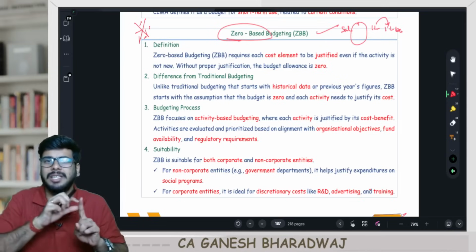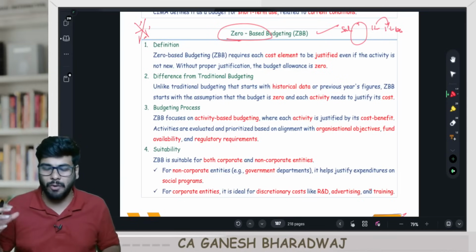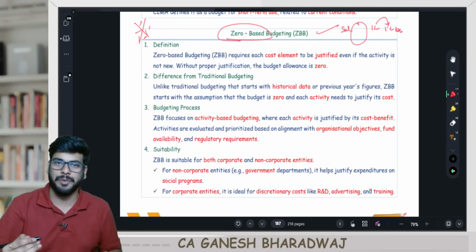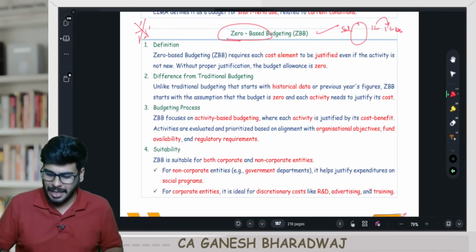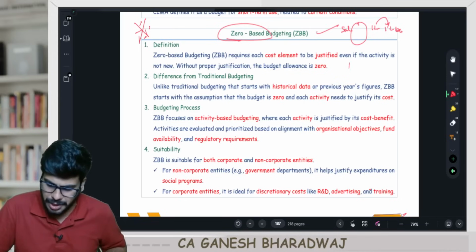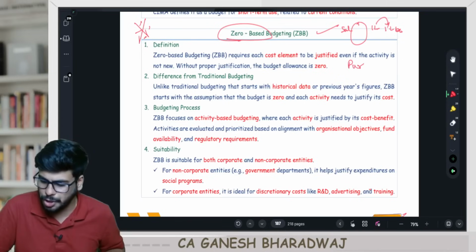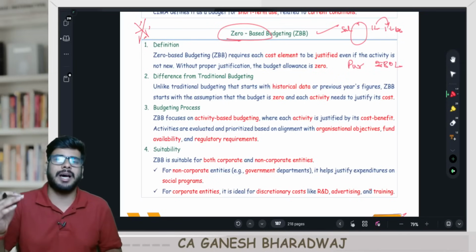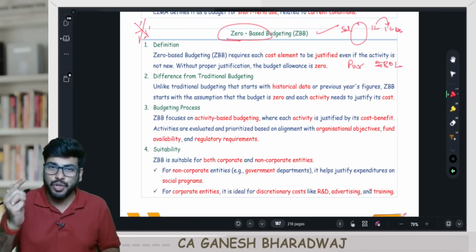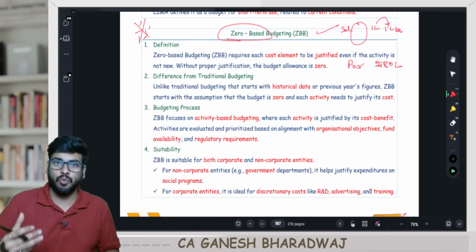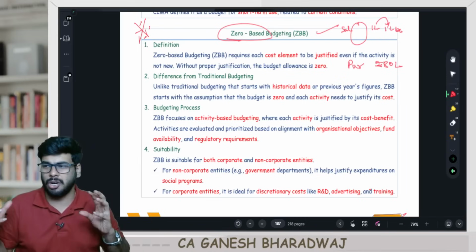What are all the activities that are going to be involved in my organization? You list down every activity. Let us say the total purchase cost for me in the next year is going to be, for example, rupees 80 lakh. Now, you can't just mention 80 lakh directly. You need to go on and justify. Why is it going to be 80 lakh? Sir, I'm going to produce so and so units, but I already have an opening stock of so much.